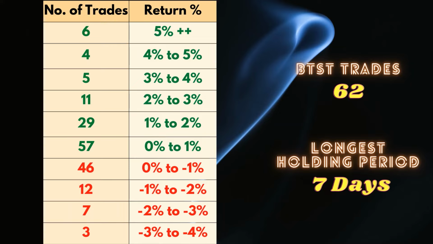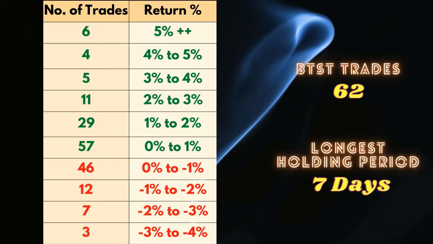And then we had 29 trades in the 1% to 2% range, followed by 57 trades where the profits were less than 1%. Talking about losses, we had 46 trades where the negative return was less than 1%, followed by 12 trades in the range -1 to -2%. And then we had 10 trades in the range -2 to -4%.